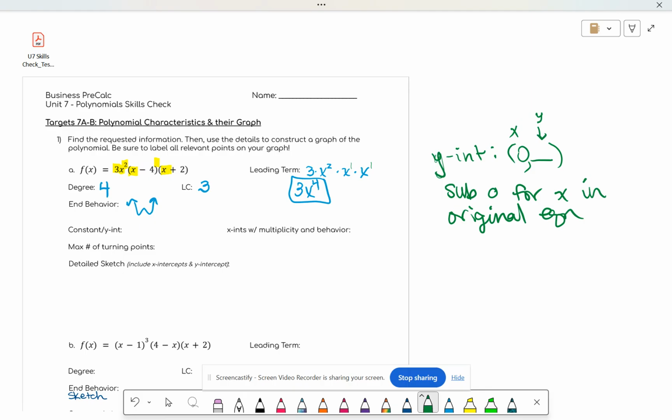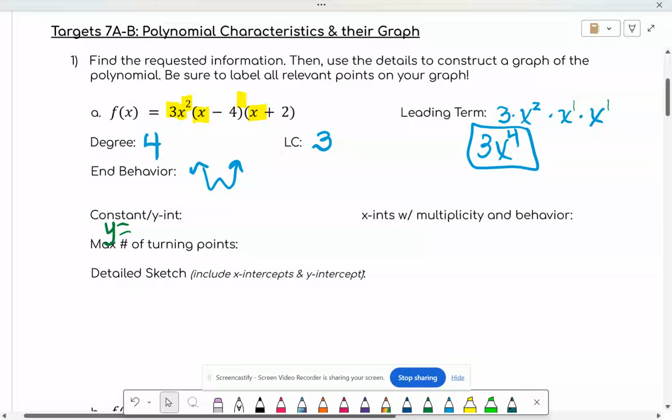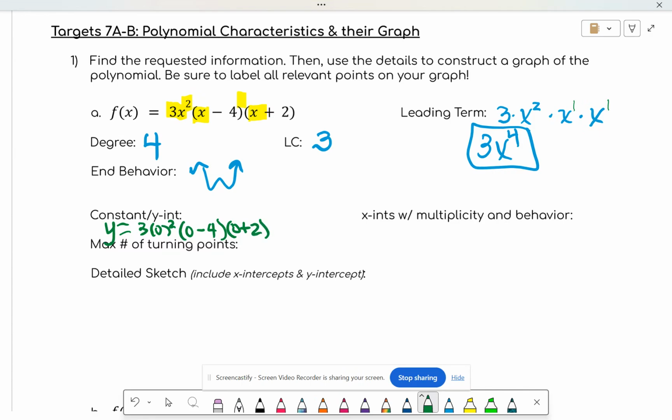So y equals 3 times 0 squared, and then 0 minus 4, and then 0 plus 2. I really should have had more room for this. So that's 3 times 0 times, it doesn't matter, because that is just going to be 0. So my y-intercept is 0 comma 0.